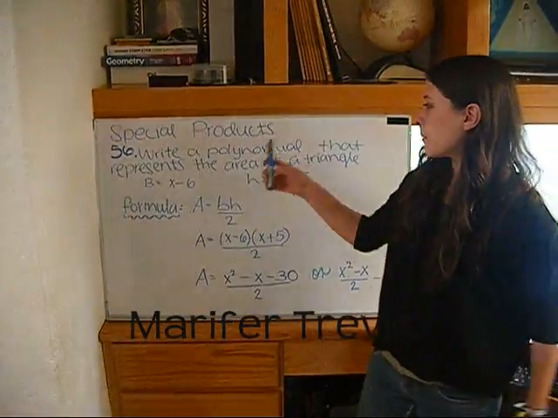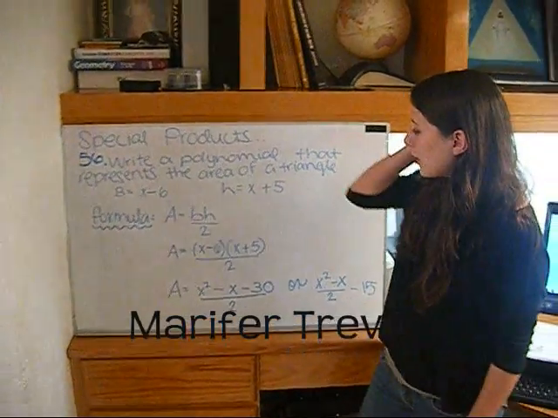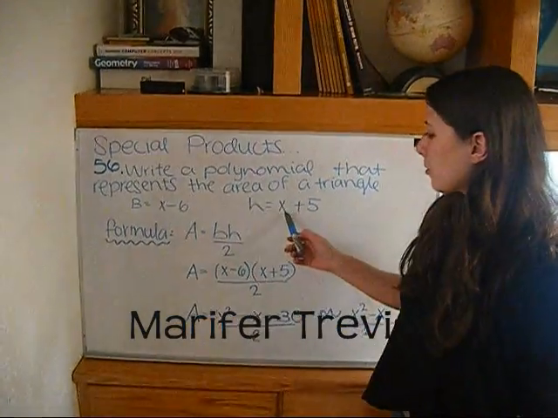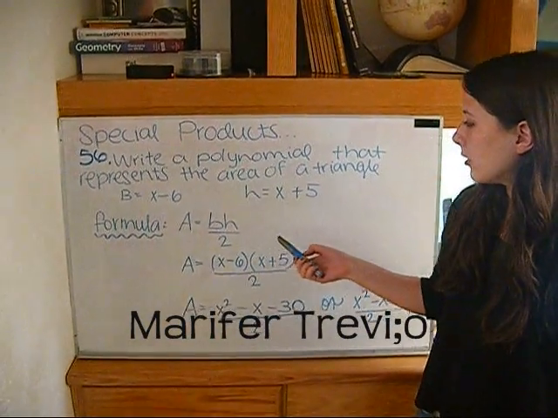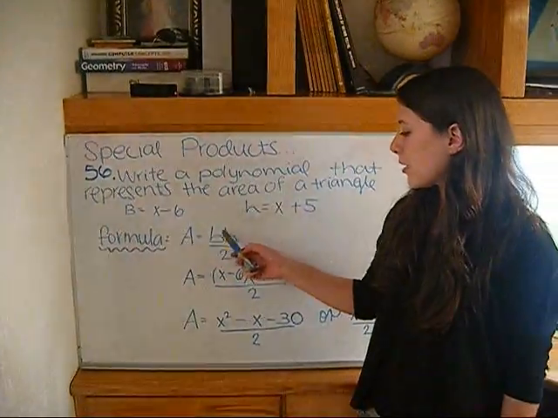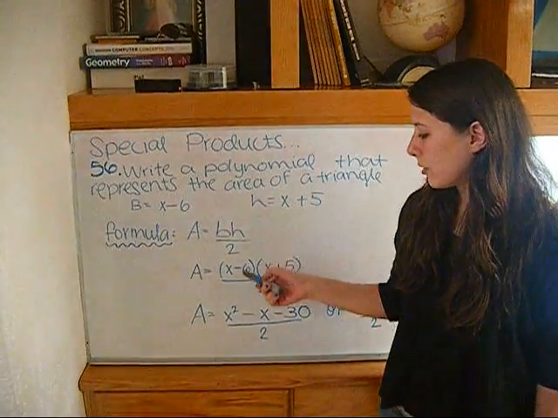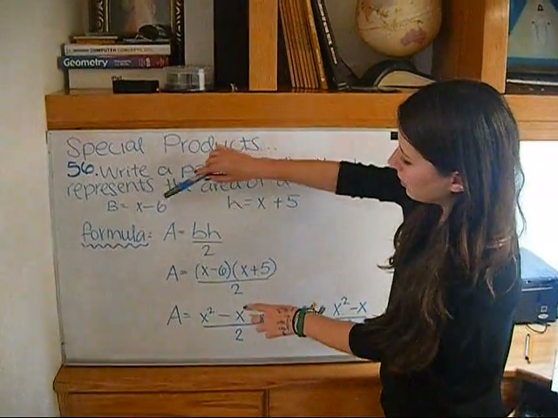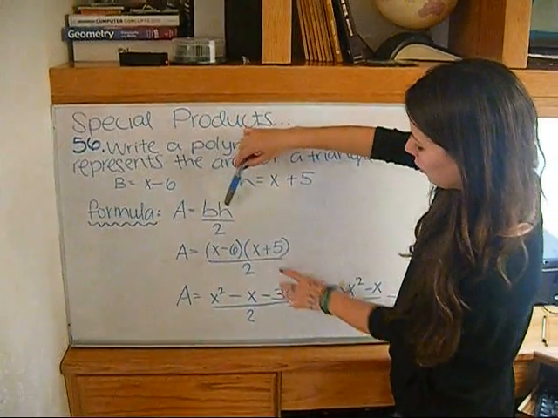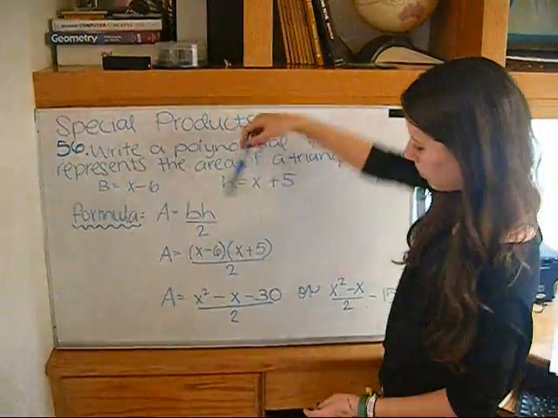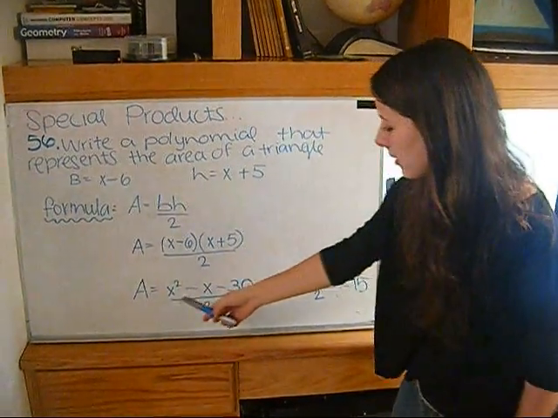Okay, another example for a special product is this one. The question is, write a polynomial that represents the area of a triangle, and these are the measurements. And, well, as we know, the area of a triangle is A equals base times height divided by 2. So we're only going to substitute b by x minus 6 and h by x plus 5, the measurements, divided by 2. And this is our answer.